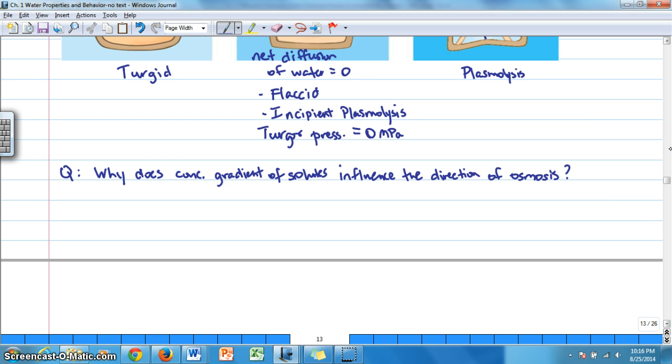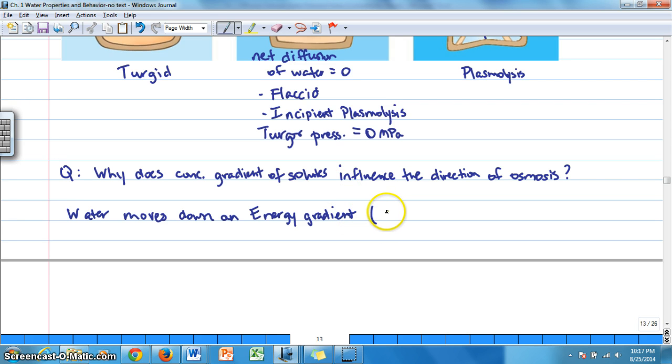Is it simply a difference in concentration, or is there something more? What is it about the concentration of water versus the concentration of solutes? Well, the theme that we're going to be playing into in more detail here is that the concentration impacts what really is happening, which is that water moves down not just a concentration gradient, but an energy gradient. And by that we're referring to free molecular energy.